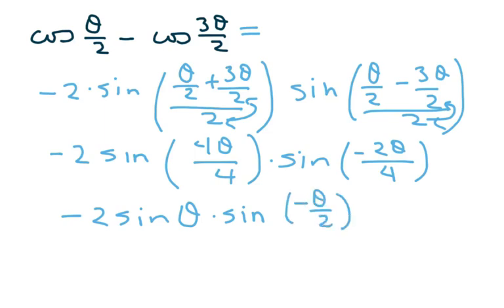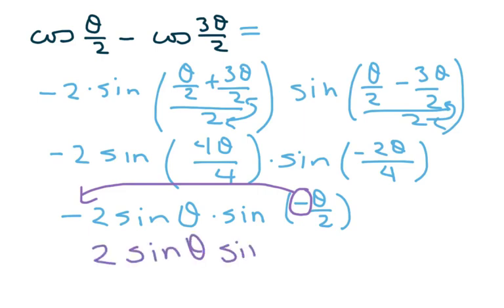Now, with the negative here, sine is an odd property. So what I'm going to do is pull this negative out and bring it up here. Two negatives make a positive, so that's just going to yield 2 sine of theta over 2. Okay?